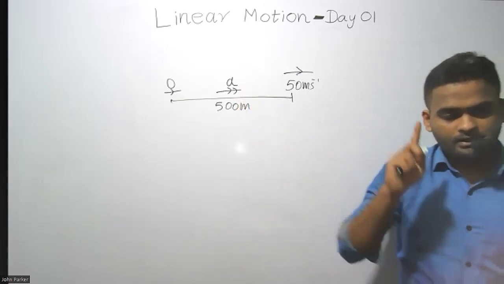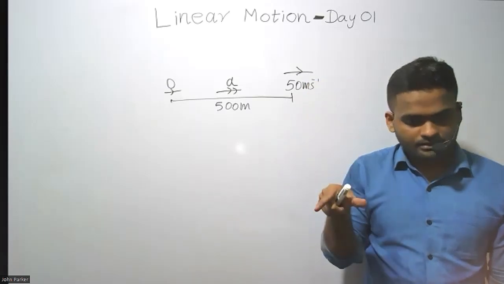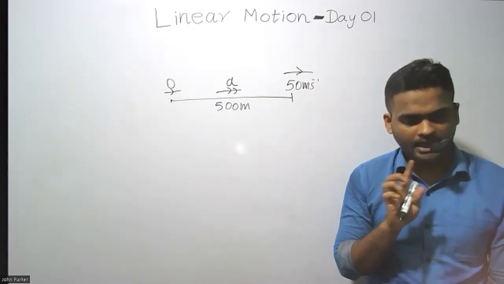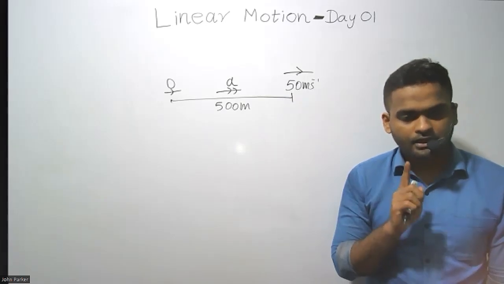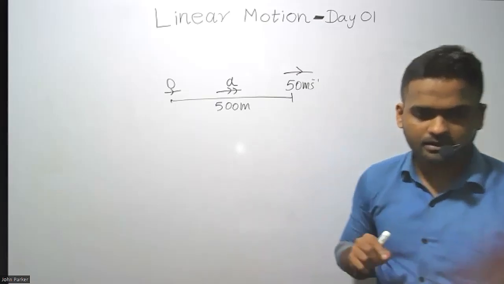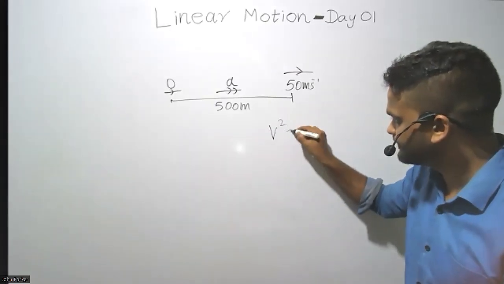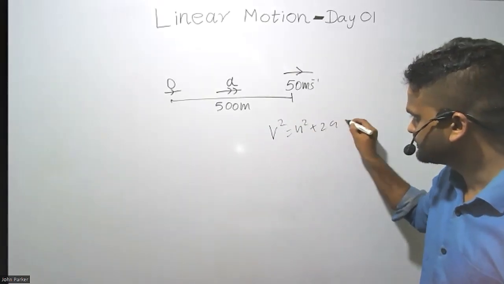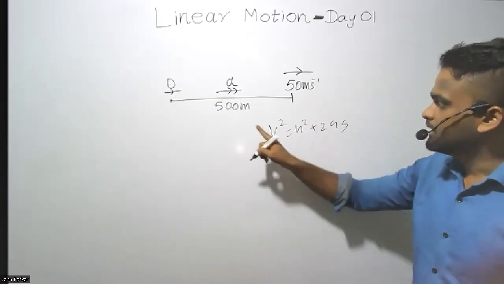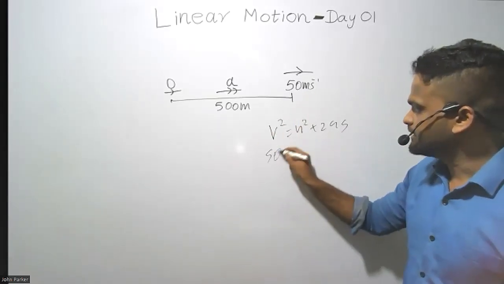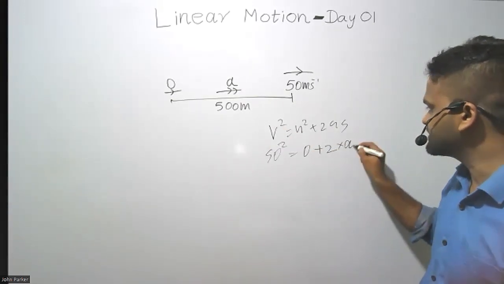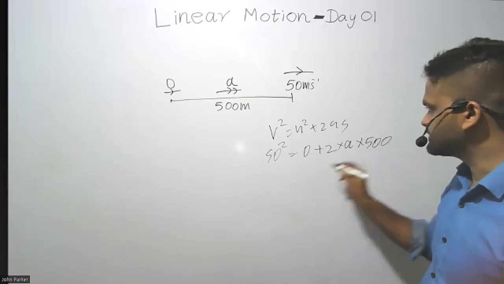So if you carefully observe those equations, in this question the time is not involved, right? So the only equation that doesn't have the time variable is this equation, right? So you can use this equation. Final velocity 50 squared, initial velocity 0 plus 2 times acceleration a, displacement is 500.